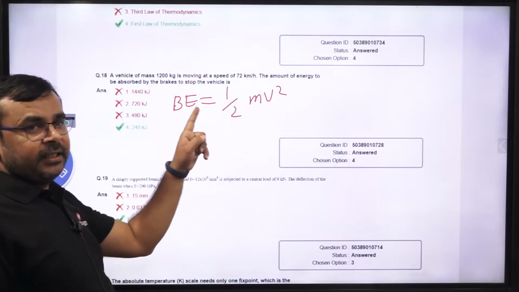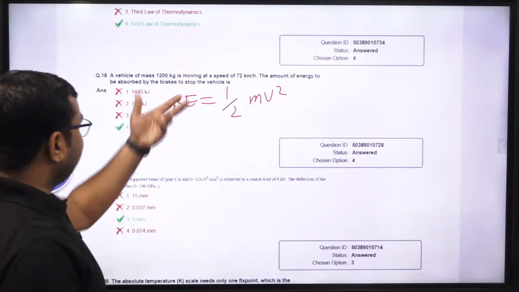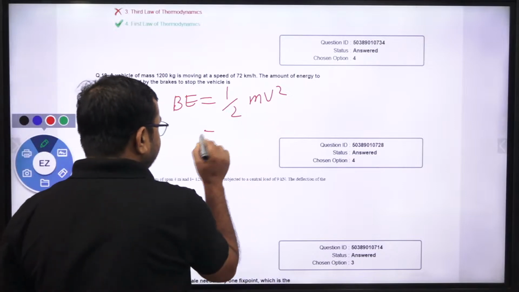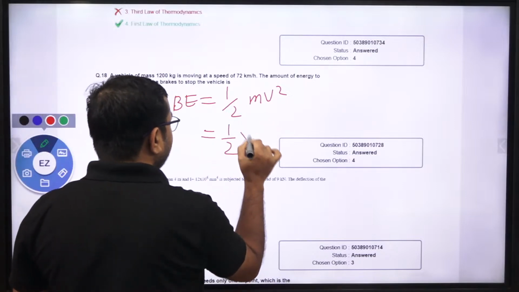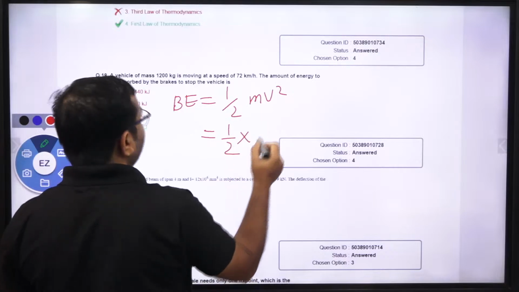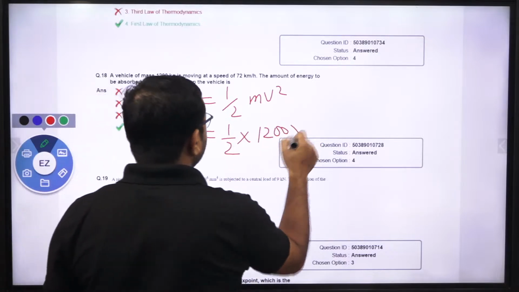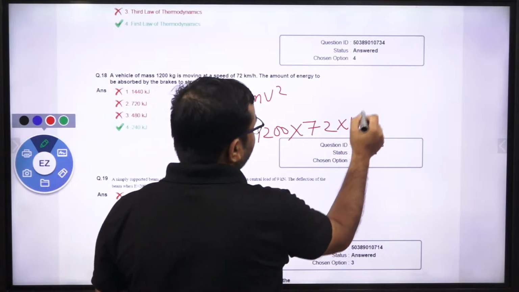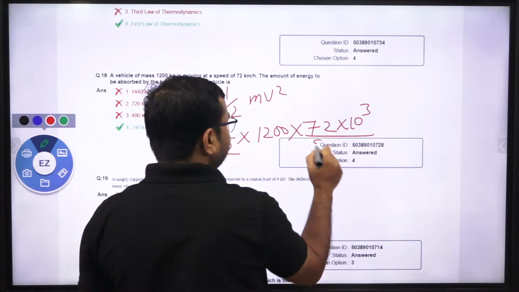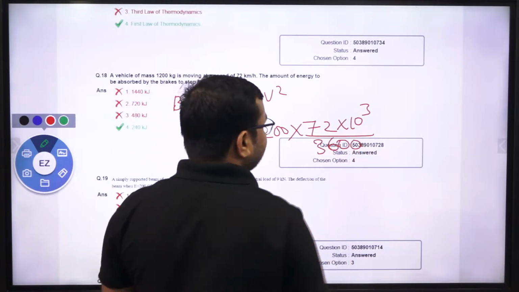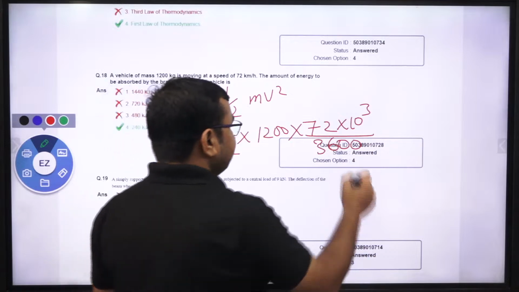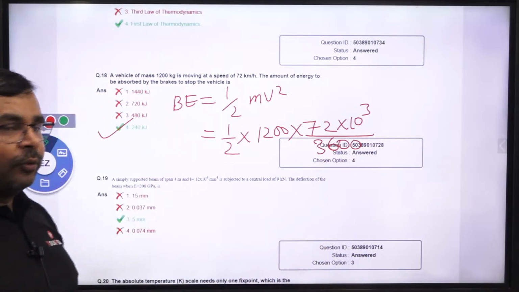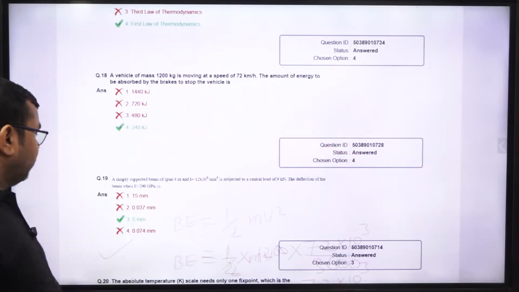But yes, this is moving in the same plane, so here I am using only kinetic energy. So simply you write half of m. And what about m? This is 1200 mass. And what about speed? This is 72 kilometers per hour. So can I convert this into meters? And similarly, hours are converted into seconds, so simply we divide by 3600 seconds. Yes or no? Now if you simplify, then you will get 240 kilojoule. Is it clear? So this is a very simple question again.